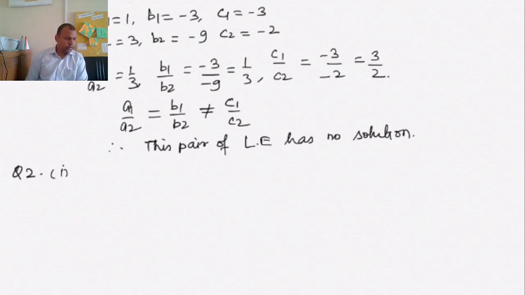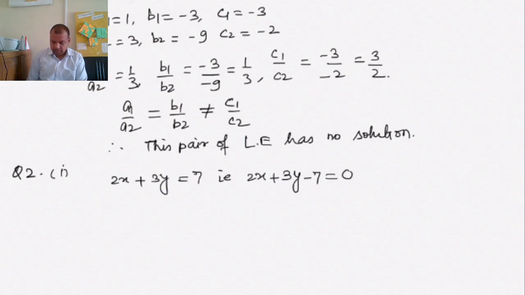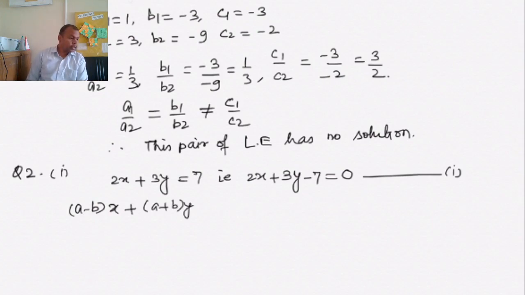So the given question is 2x plus 3y equals to 7. That is, we can write it as 2x plus 3y minus 7 equals to 0. Let it be equation number 1. And also it is given that (a minus b)x plus (a plus b)y equals to 3a plus b minus 2.